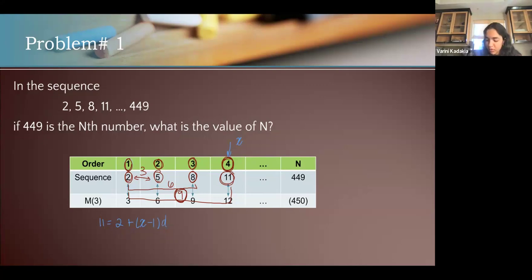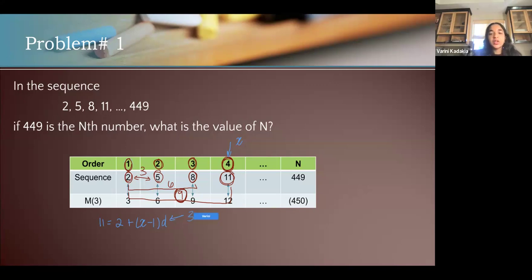Everyone understand how I got that? Okay, what is d? D is difference. D is 3, right?